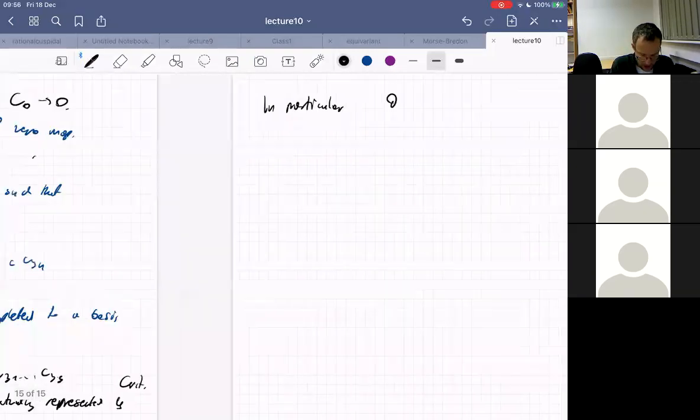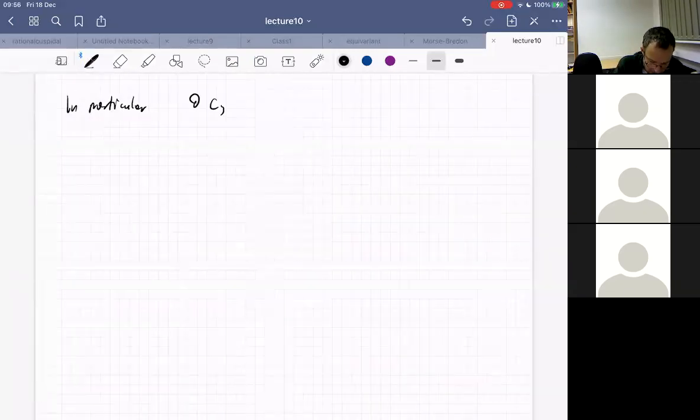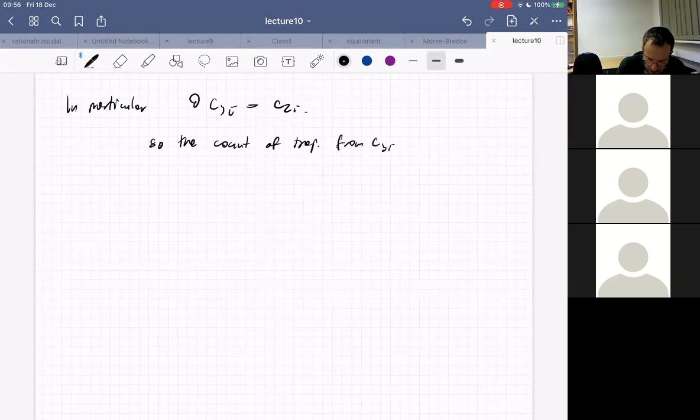So in particular, the C3I is equal to C2I, so the count of trajectories from C3I to C2I is +1.